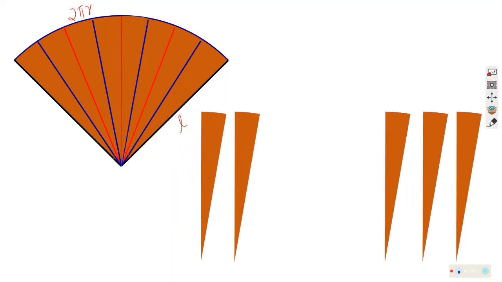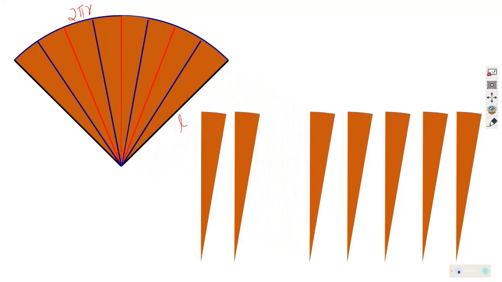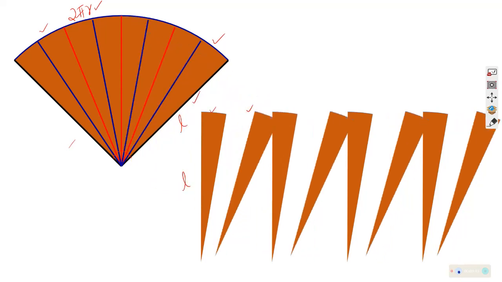That many pieces we will bring over here and keep together. The broader end of each piece, when put together, will in total be 2 pi r, and this side, which is vertical, is equal to L. We know that earlier, so we will keep that in mind and join all these pieces.